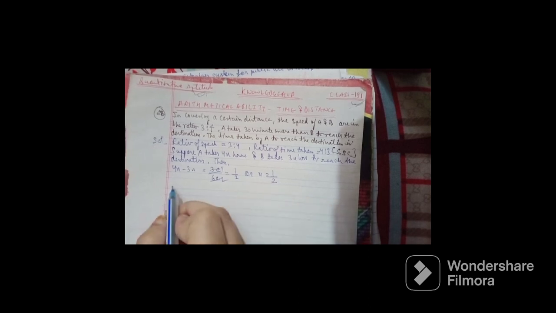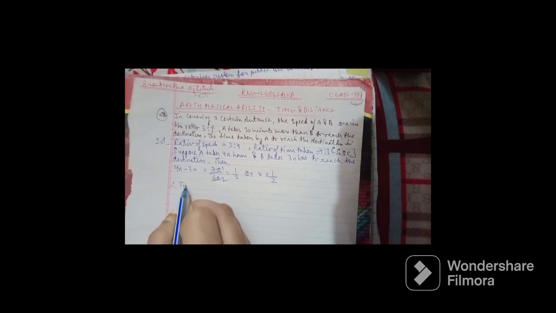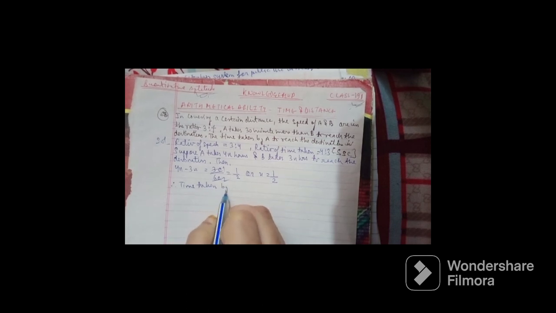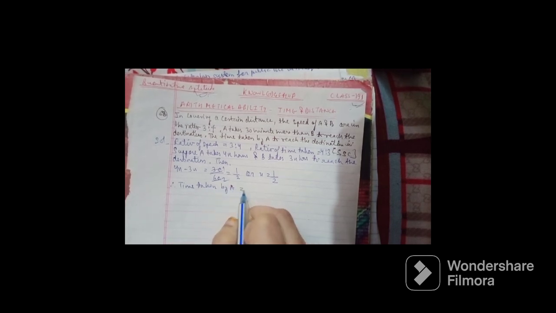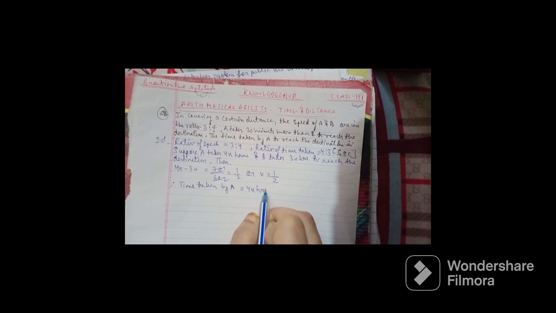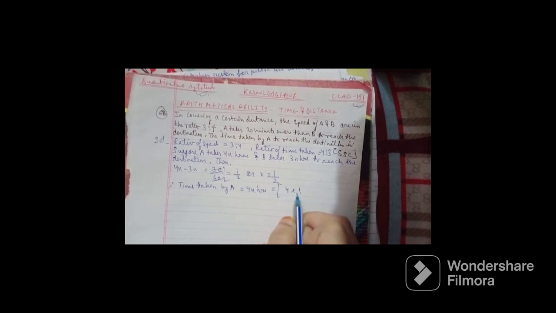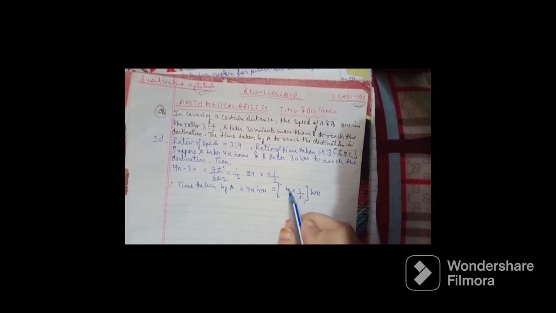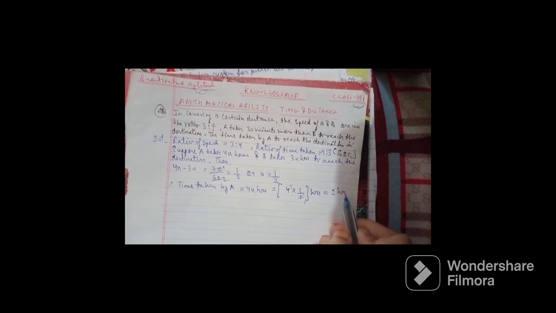Time taken by A equals 4x hours, which equals 4 into 1 by 2 hours. 2 1s are 2, 2 2s are 4. It will be 2 hours.